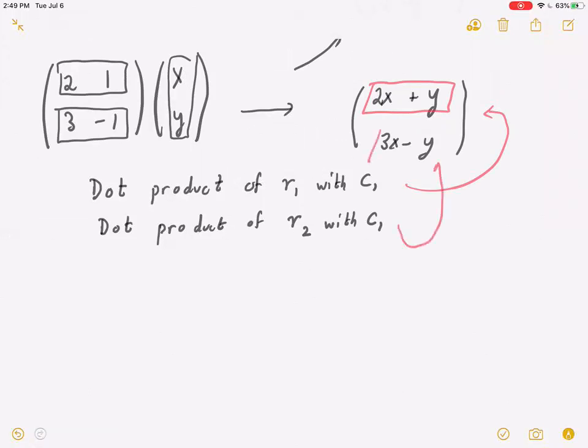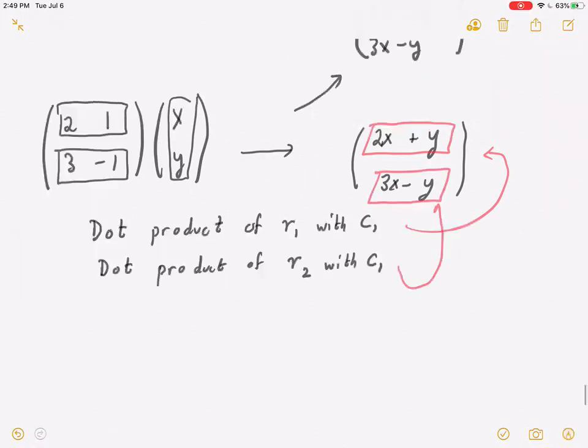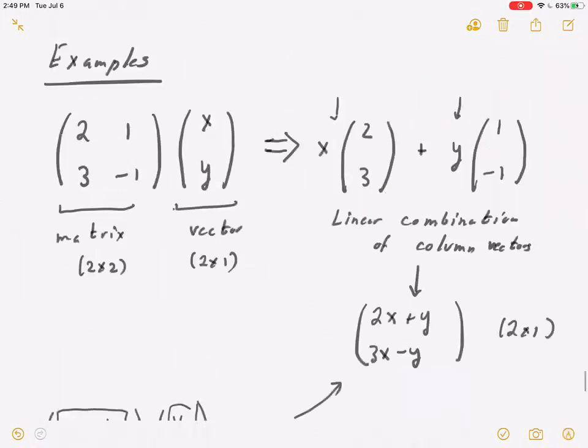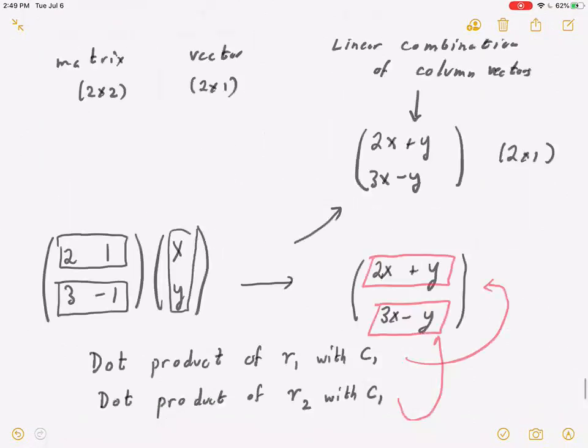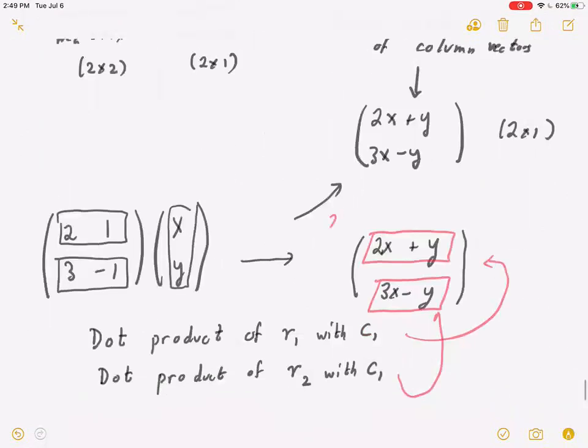Okay. So two things. In matrix vector multiplication, you have two approaches. One approach is the right result. It's a linear combination of the column vectors of the original matrix. Another approach is to use our conventional scheme of matrix multiplication.